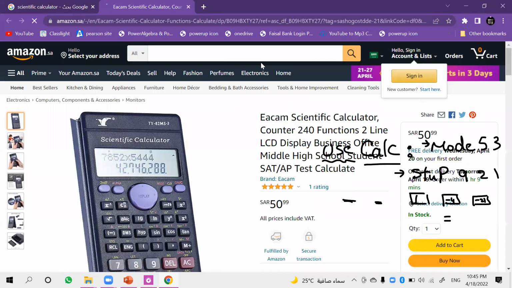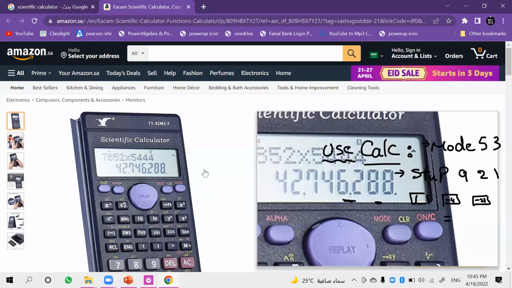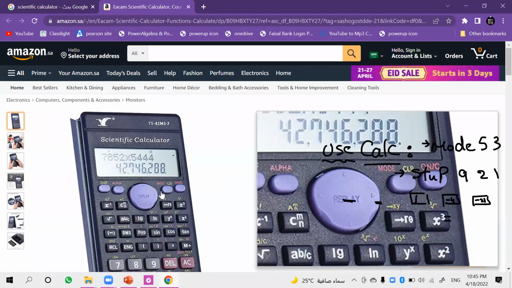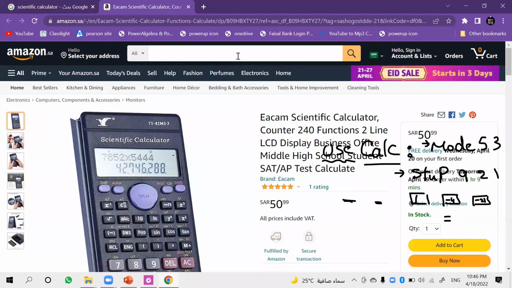Can you see my scientific calculator, guys? Okay, thank you. You can see it, right? Now use mode. This is mode, not that 91. I need the setup to 91, not that one.